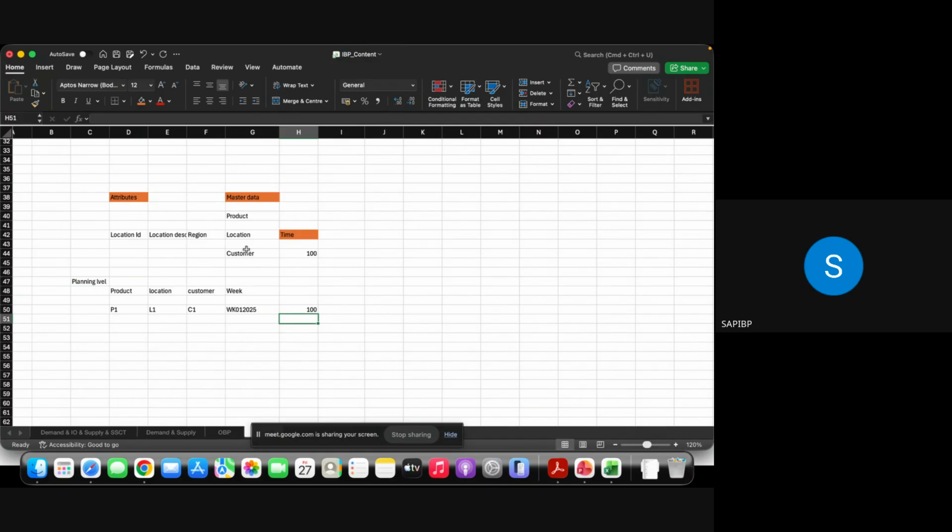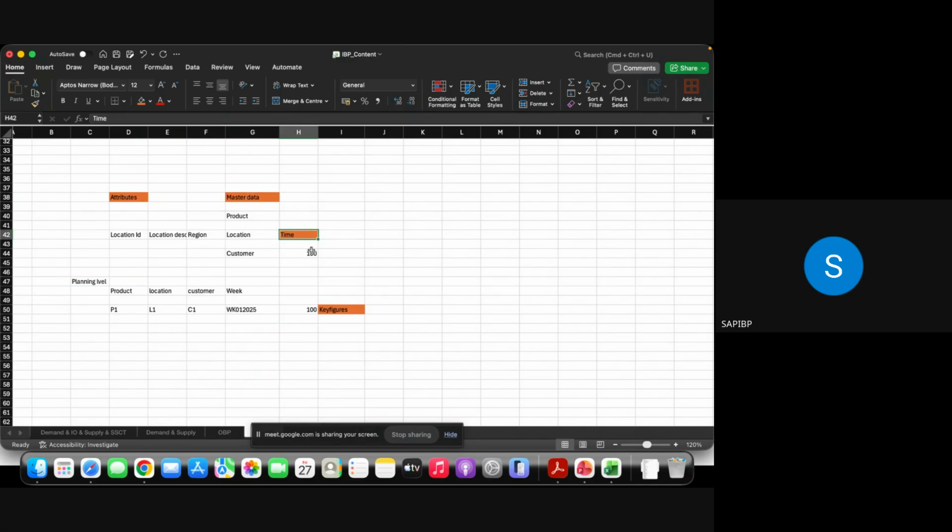Now you have certain objects to store your master data. To keep your transactional data, you need one more object, which we call key figures. This is there to keep your transactional data. So to define this data you require attributes, and with their help you form the master data, and time.